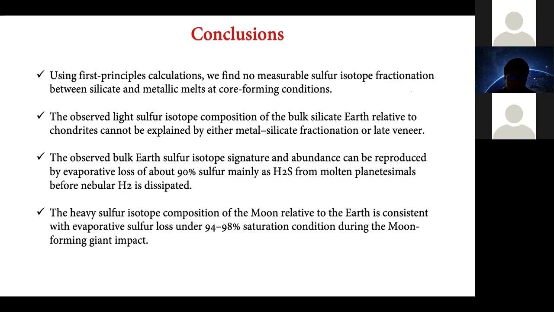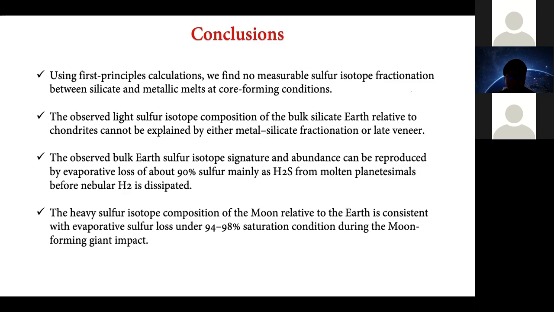We found the observed sulfur isotope composition and the sulfur abundance in the BSE can be well explained by evaporation of about 19% of sulfur, mainly as H2S, from planetesimals before the nebular hydrogen is dispelled.